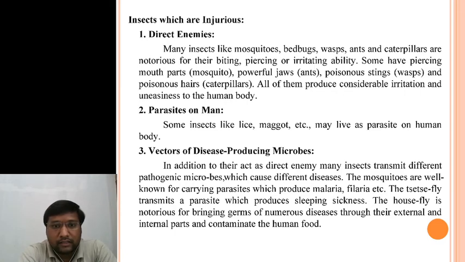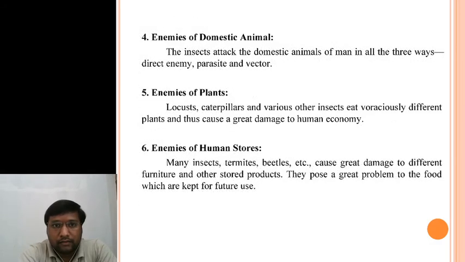Then the housefly is notorious for bringing germs of numerous diseases through its external and internal parts and contaminating human food. So these insects act as vectors which carry disease producing parasites. Then fourth, enemies of domestic animals. Insects also attack domestic animals and act in 3 ways: direct enemy, parasite or vector.